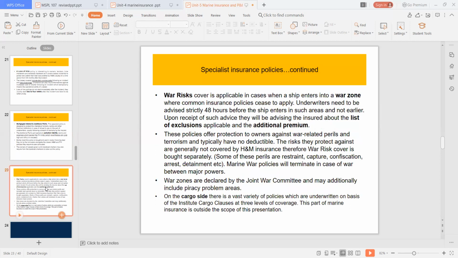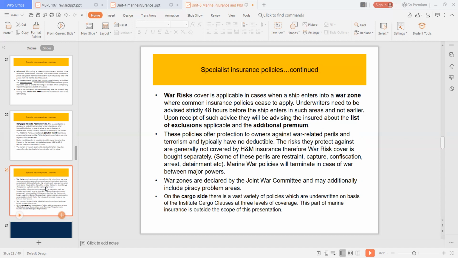See this, war risk. War risk cover is applicable in cases when a ship enters a war zone where common insurance policies cease to apply. Underwriters need to be advised strictly 48 hours before the ship enters such areas and not earlier. Upon receipt of such advice, they will advise the insured about the list of exclusions applicable and the additional premium. So war risk also will be there.